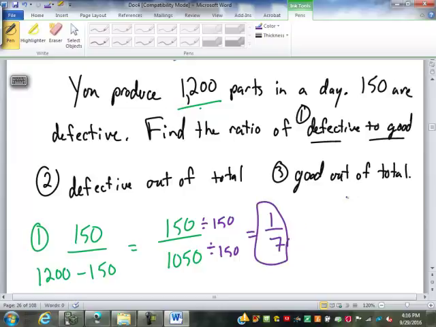So the ratio of defective to good is 1 to 7. Now notice I did say 1 to 7 because the defectives are not included in the goods. They're totally separate categories within another total. So that is 1 to 7.